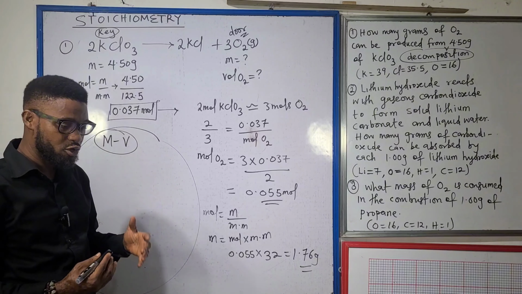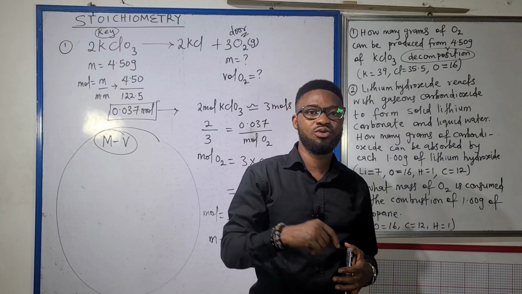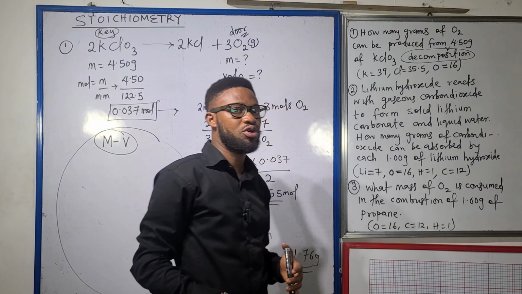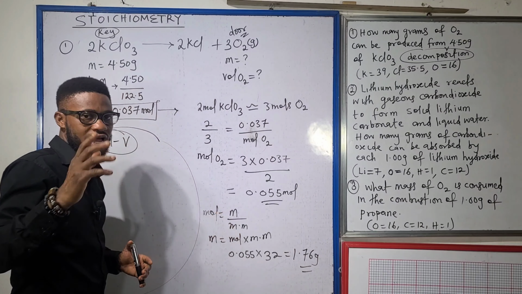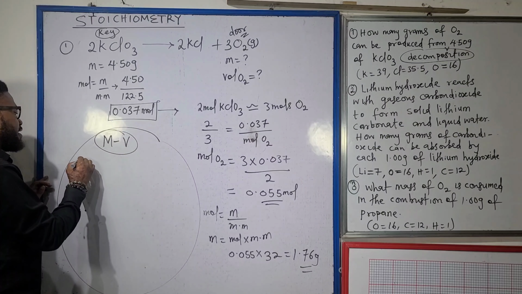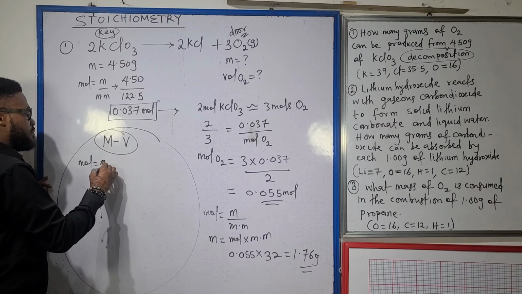The link to that lecture video is dropped in the description, so you can always check that out. Talking about the mass-volume relationship, we said for solid reactants, mole equals mass over molar mass.